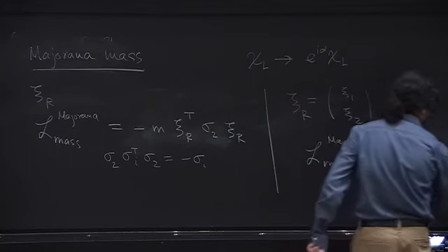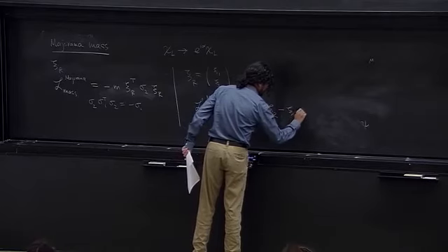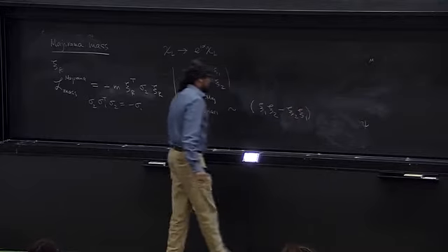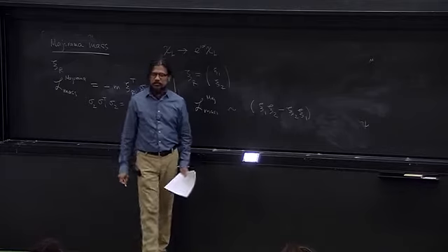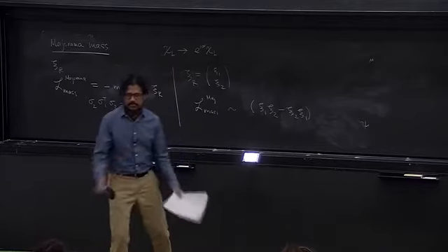There is a proportionality, which means that if psi 1 and psi 2 commute with each other, this is 0.